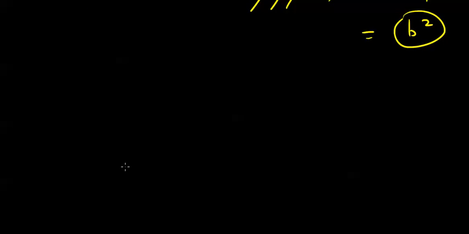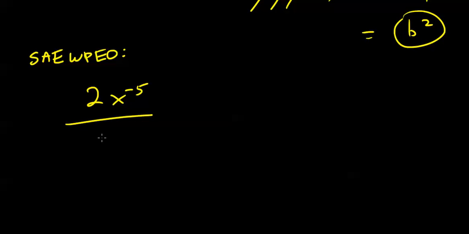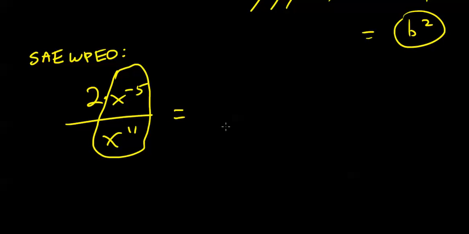Let me give you another example here. Simplify and express with positive exponents only: 2x to the minus 5th power over x to the 11th power. Well, again, the factor of 2 I'll deal with in a minute. I'm going to deal with these exponents first. I claim that x to the minus 5th over x to the 11th is really x to the minus 5 minus 11 according to Rule 8.